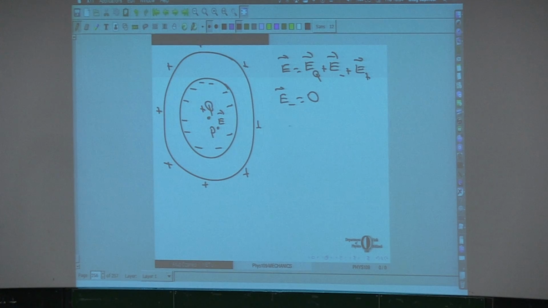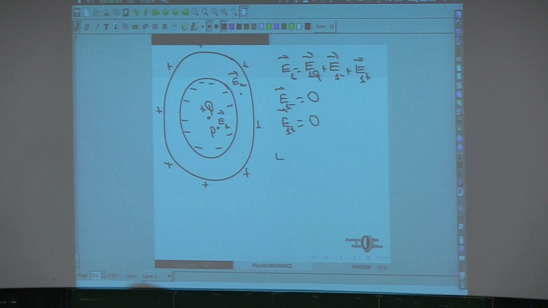Similarly, E plus inside the shell in this problem is 0. So these two contributions are 0 inside this shell. Now let's look at this point. Let me call this E1. Let's calculate the electric field here.